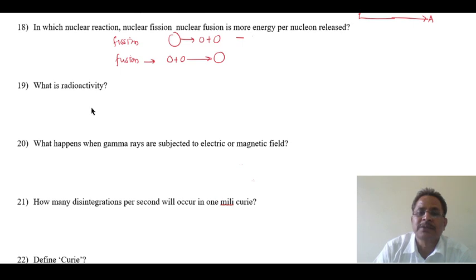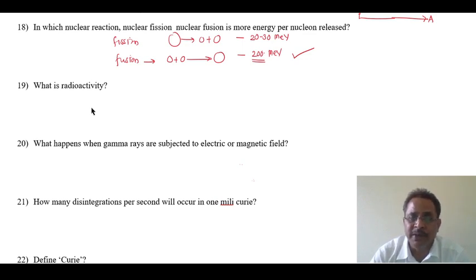If this calculation is done for any typical reaction, the amount of energy released per nucleon in fission is almost 20 to 30 million electron volts, whereas in fusion the amount of energy released per nucleon is almost around 200 MeV. So this is the more energetic way. Fusion is the more energetic way per nucleon if compared with fission, and that's why this is the reaction in which more energy per nucleon is released.